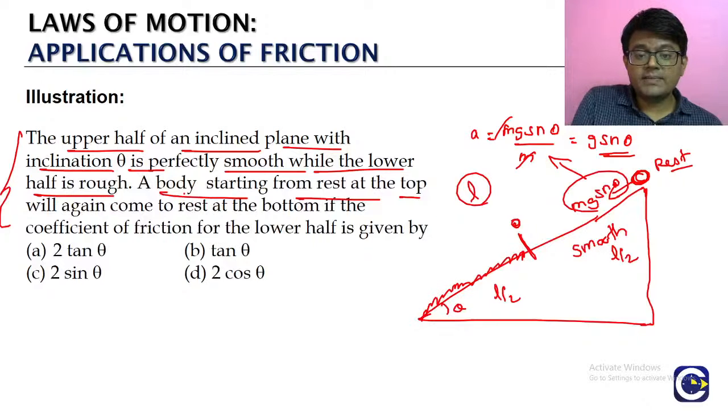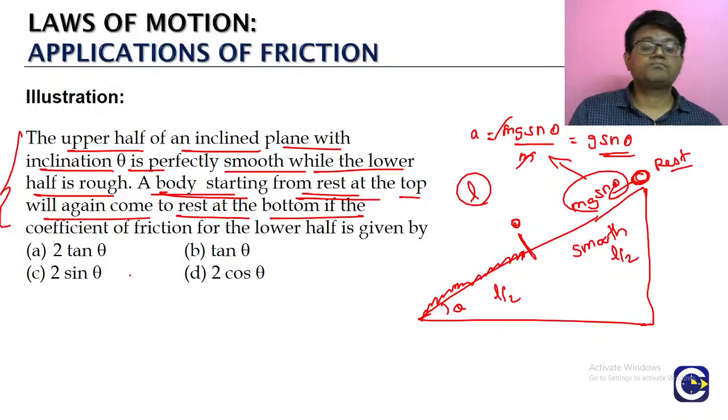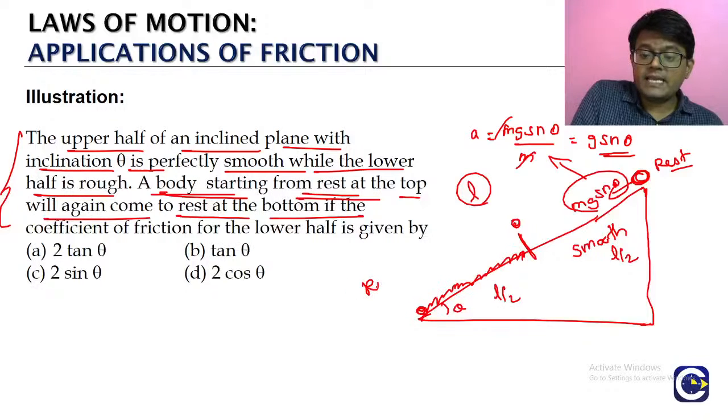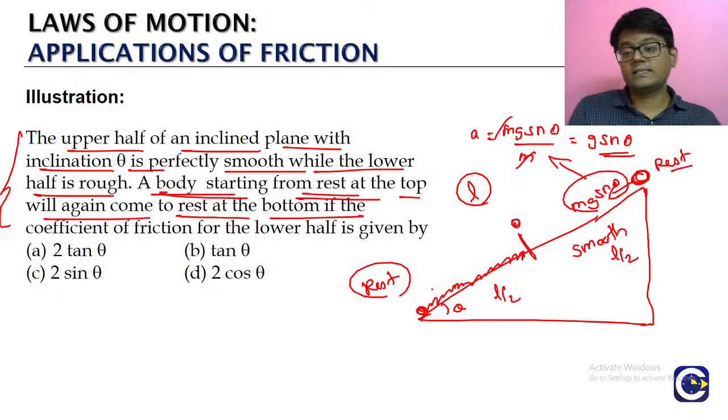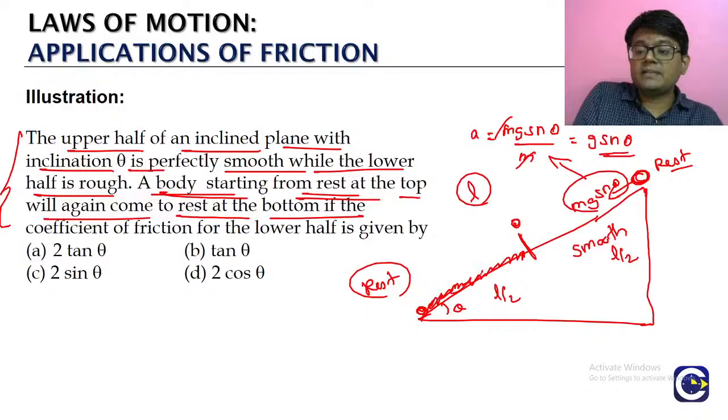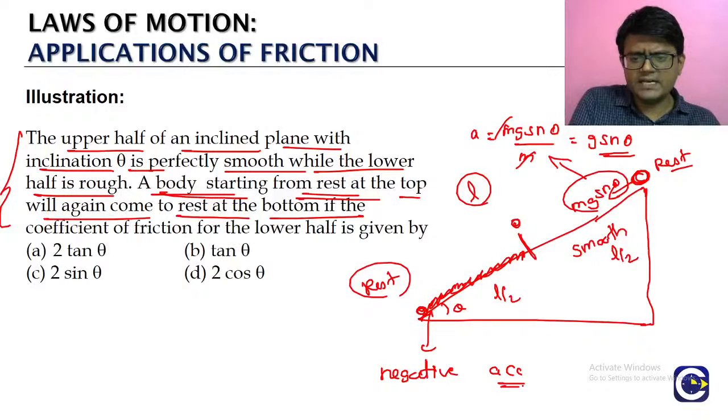Then read the question statement. A body starting from rest at the top will again come to rest at the bottom. Means by the time it comes to the bottom, it is again at rest. So the second part should give a negative acceleration, which we call deceleration, because of friction.